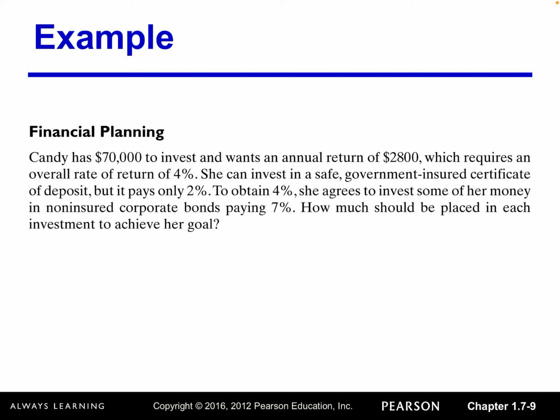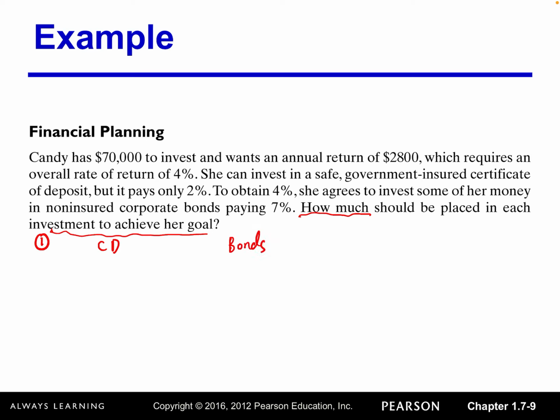So let's follow that 5-step procedure. First step, we need to identify the unknown quantities, right? What we're looking for: how much to invest in each. If you read the problem, we have two different types of investments involved, one is the CD, one is the bonds.